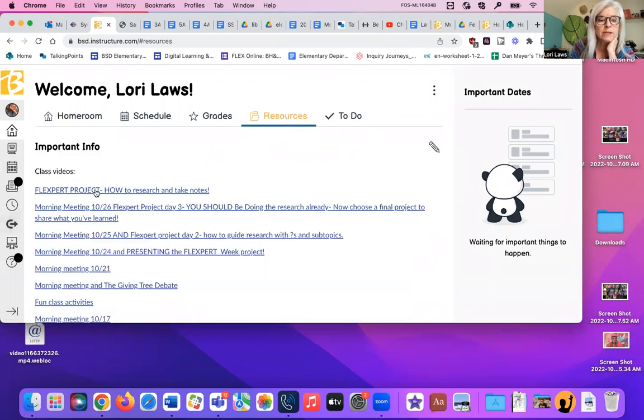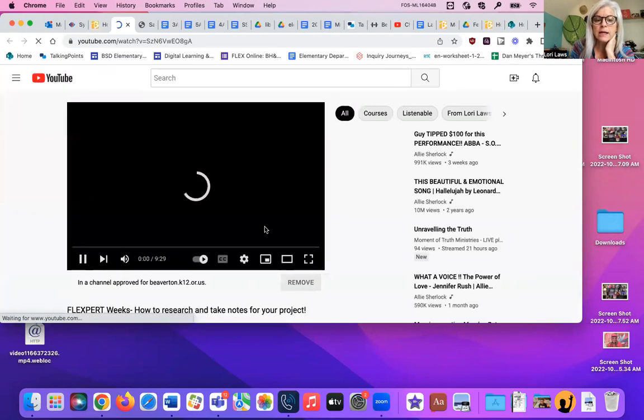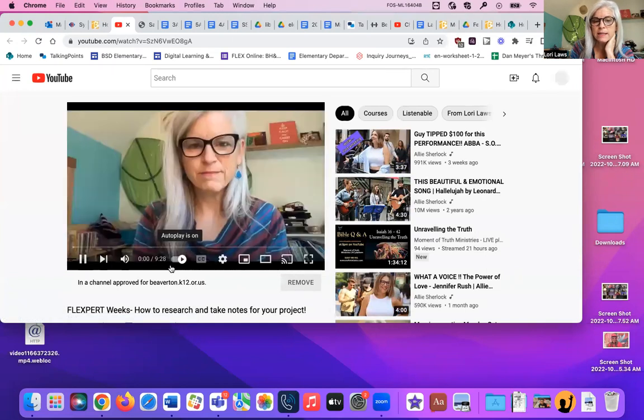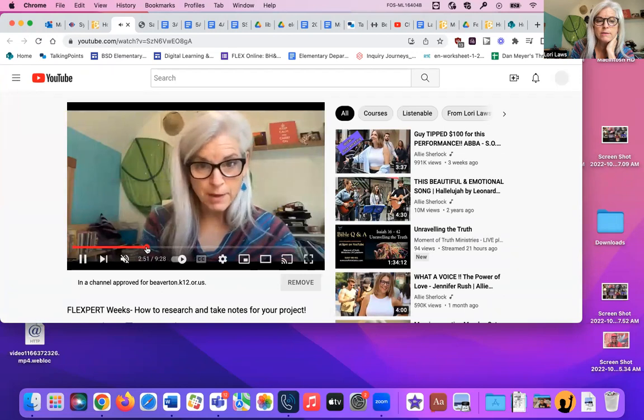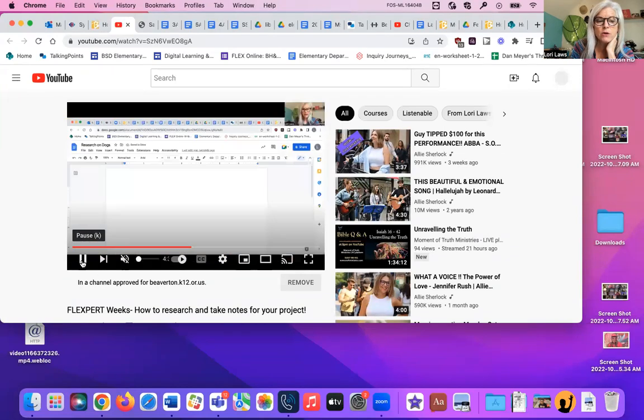And you'll see it says Flexpert Project, how to research and take notes. If you click on that, there's a lesson on how to do your research. It's a 9-minute lesson. It's pretty short on how to do your research and take notes. So it's got me taking notes on some research. I'd like you to watch that today if you could.